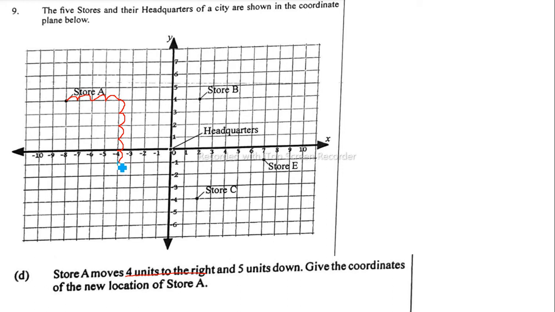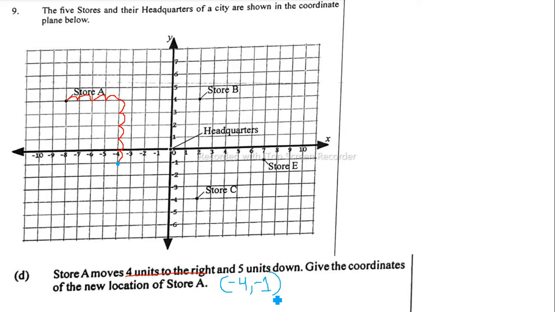So the new coordinates that we have are going to be what? -4, -1. -4 and -1. All right. Any questions on that?